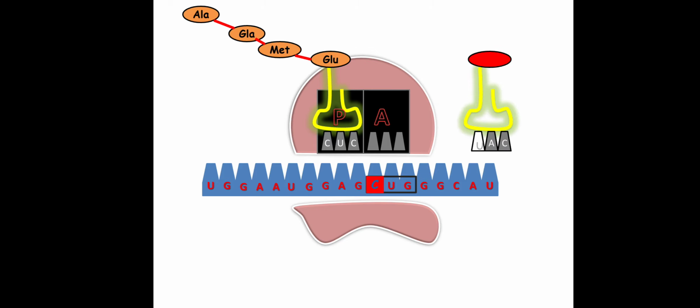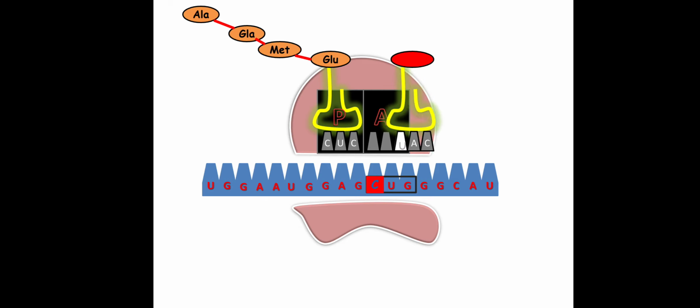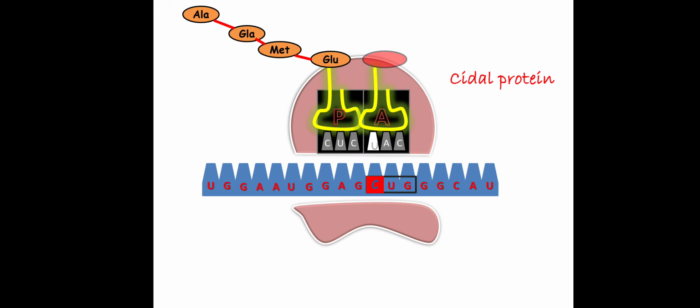This will contain a different anticodon. So when a wrong tRNA comes, it will carry a wrong amino acid. That means the protein we want to synthesize will not be synthesized, but rather a wrong protein is synthesized, and most of the time this wrong protein is a cidal protein, and it will kill the bacteria.